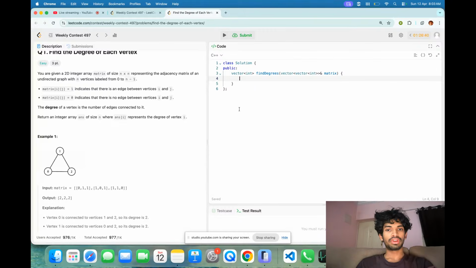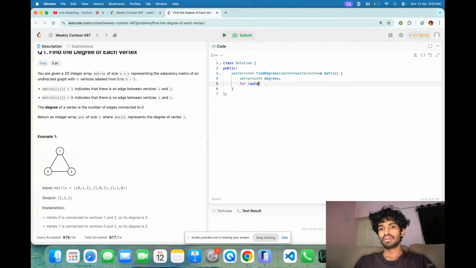So what do we have to return? We have to return the sum of degrees. Okay, for auto f matrix, int degree equals 0.